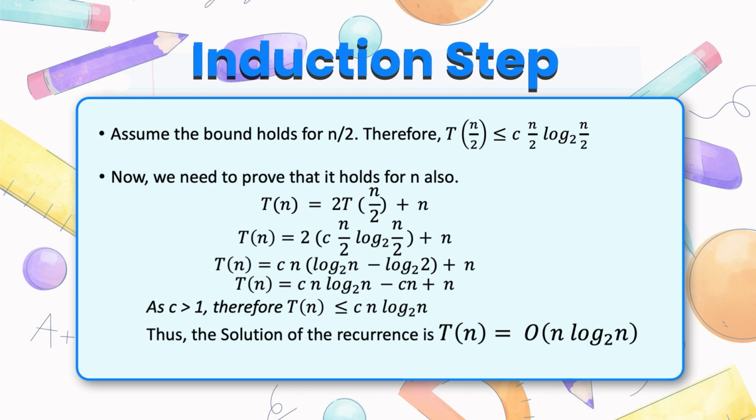We started by assuming it, we proved it, we found out that there exists a value of C, then we assumed it for a value of n by 2, and then with the help of induction, we are able to prove that Tn is less than or equal to Cn log 2n if it holds for n by 2. Alright, so that is the way we have proven this bound.